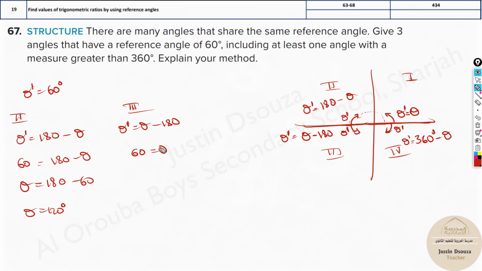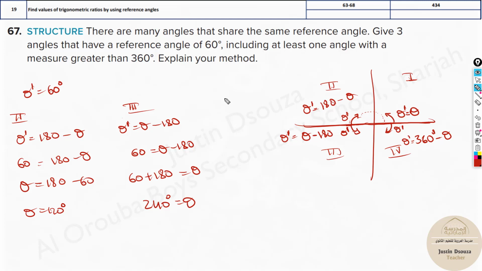It's 60 is equal to theta minus 180. So take this to the other side. It will be 60 plus 180 is equal to theta. And you can easily solve it. 240 degrees is the answer. This is an angle with reference angle 60 degrees. Even this one has a reference angle of 60 degrees.